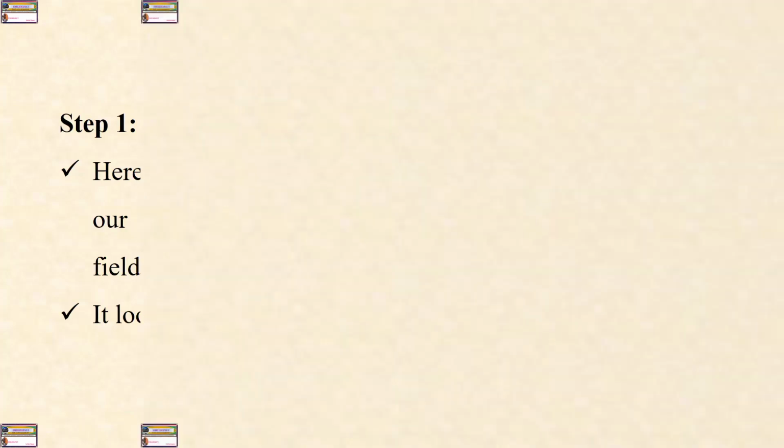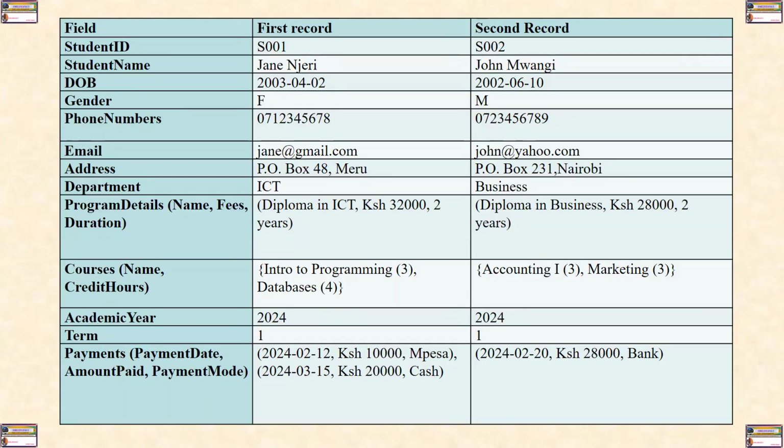So it looks as follows. This is just an example. When we are gathering all the data that we are going to store in our database, once we have all that data, we can put it in such a form. So this is an example of a normalized table.